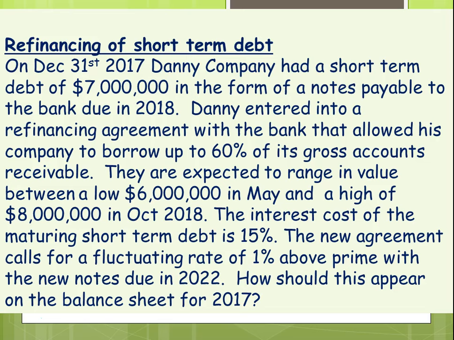They are expected to range in value from a low of $6 million to a high of $8 million. The interest cost of maturing short-term debt is 15%. The new agreement calls for a fluctuating rate of 1% above prime, with the new notes due on 2022, which would make them long-term. So how should this appear on the balance sheet?